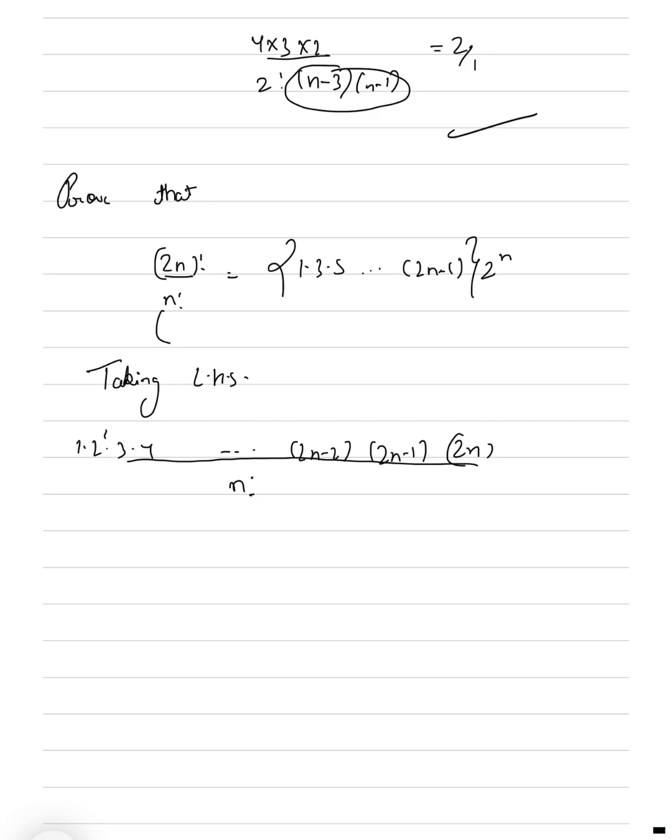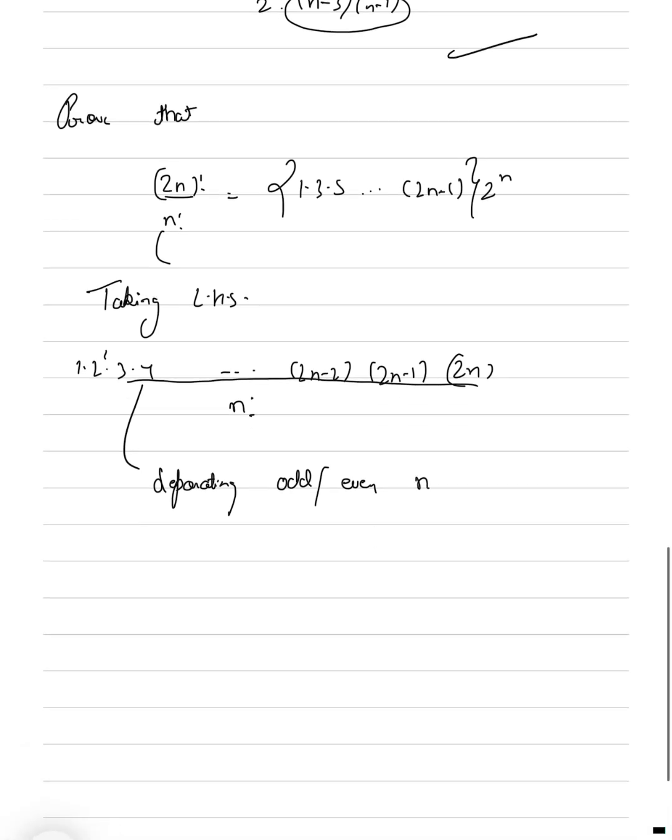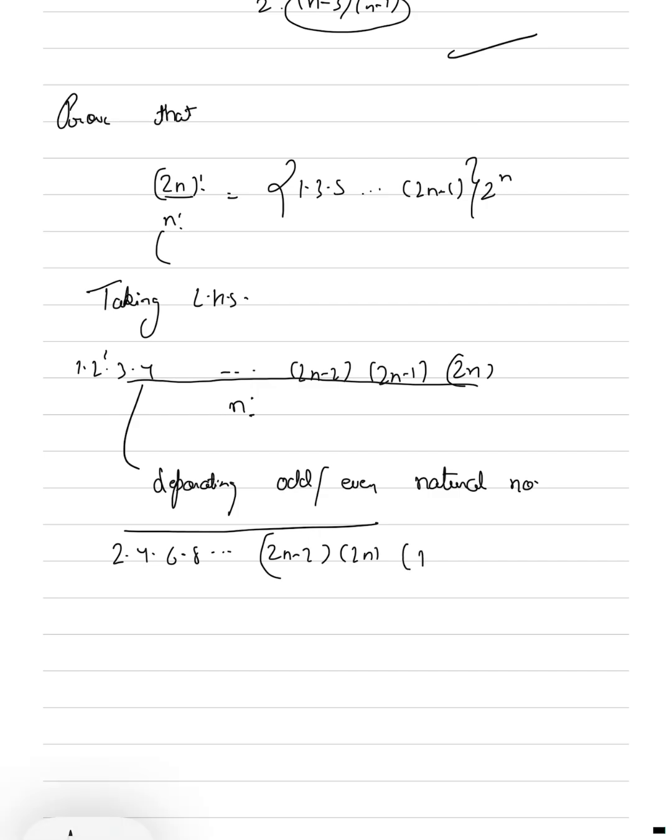I can separate odd and even numbers here, separating odd and even natural numbers: 2, 4, 6, 8, dot dot dot, 2n minus 2, and we have 2n. You know why these are all going to be even natural numbers, and then we have what?